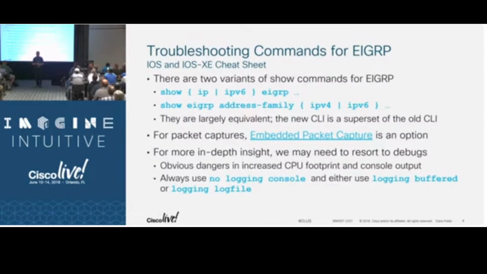They can tell you very much, but they can also tax your CPU very much. So if you need to do them, make sure you deactivate the outputs to the console and let your router or switch log the debug outputs into either a log file or into the buffered log and read them from there.